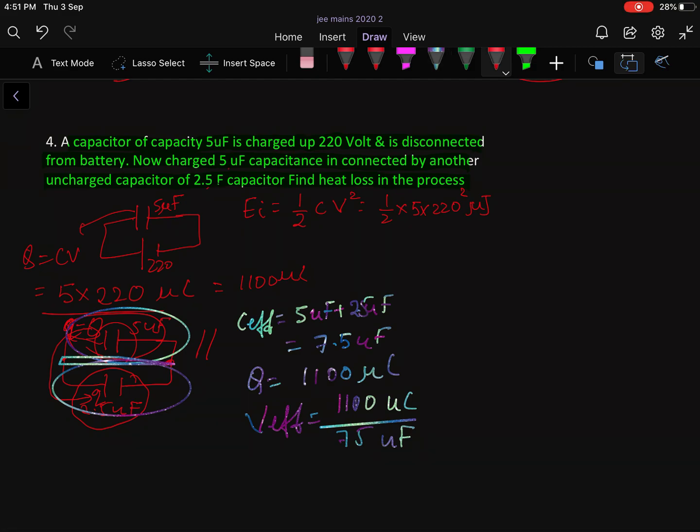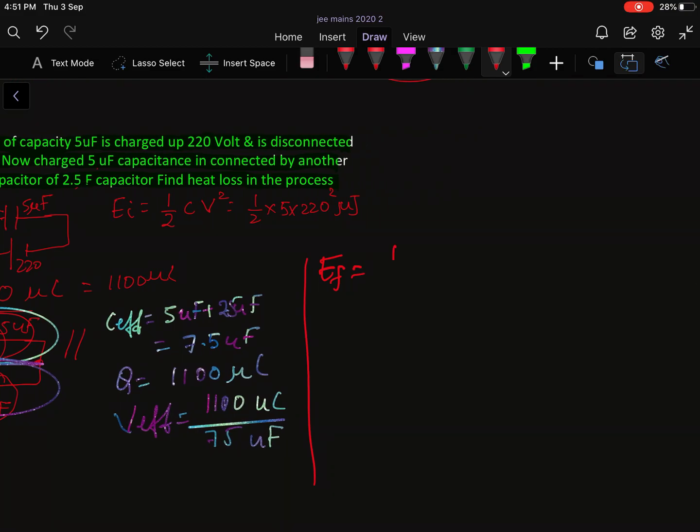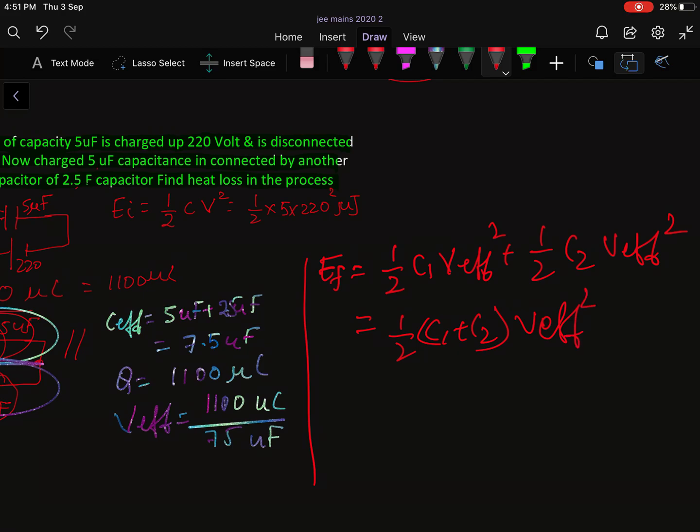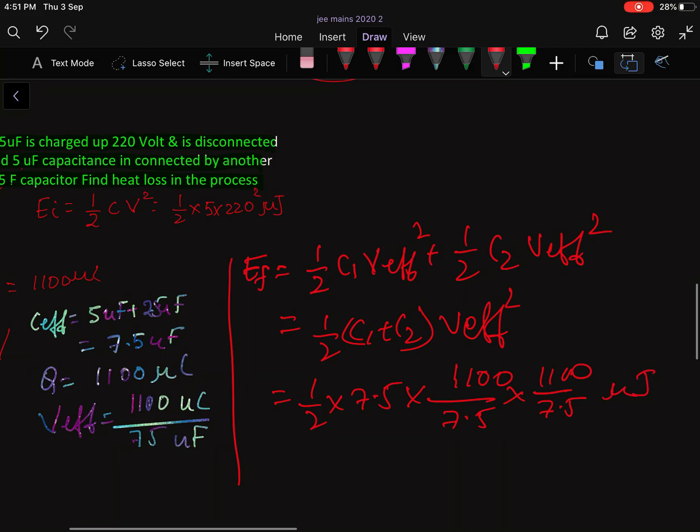Now we have to find the final energy. For that, use half C1 V effective square plus half C2 V effective square. So half into C1 plus C2 into V effective square, that is 7.5 microfarad into 1100 by 7.5 into 1100 by 7.5 microjoule.